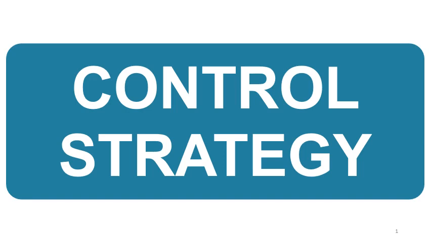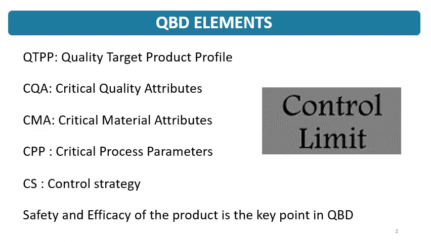So in brief we will see the quality related parameters and what are the QBD elements which are required to achieve the desired quality for the formulation. So the QBD elements are QTPP, then CQA, CMA, CPP, CS, and in the last there will be a life cycle management approach.